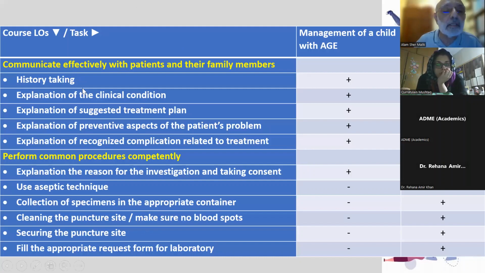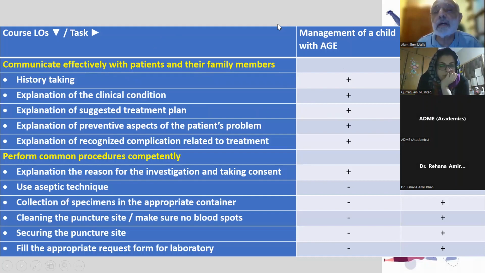These are the course learning outcomes, and here are the tasks, and this is how they match. For example, one course learning outcome is communicate effectively with patients and their family members, right?